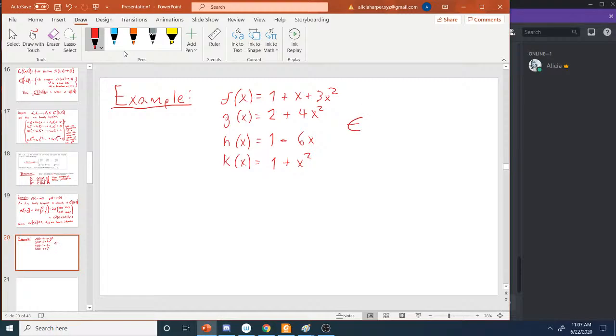All of these functions have two derivatives, at least. In fact, they have infinitely many derivatives because they're polynomials. So we can regard them as elements of this vector space. And the question is, are they linearly independent?